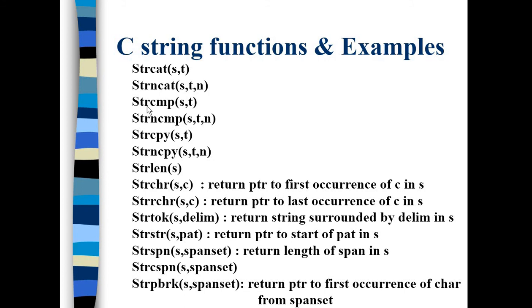If I want to compare two strings S and T, I can write strcmp of S and T. It will return either 0 or a positive value, the difference in that comparison.